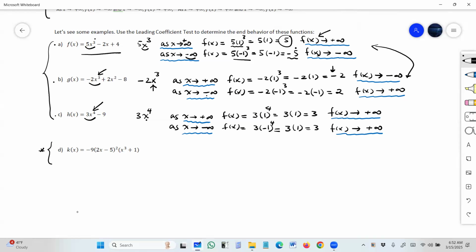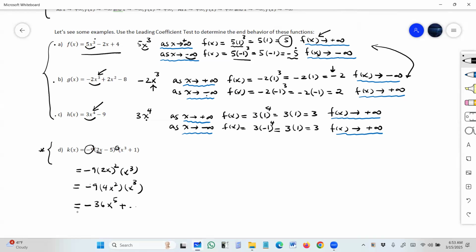The leading term is going to be this number, minus 9, times the 2x squared and the x cubed. So that's minus 9 times 4x squared, and then this is x cubed. So minus 36 x to the fifth.